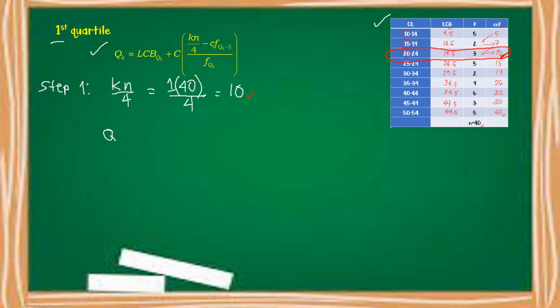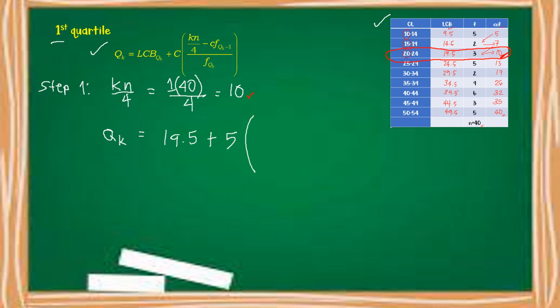So, we have Q sub k, and the lowest class boundary of this quartile is 19.5, plus C, the class interval, which is 5. The distance from 10 to 14 is 5, so the class interval is 5.